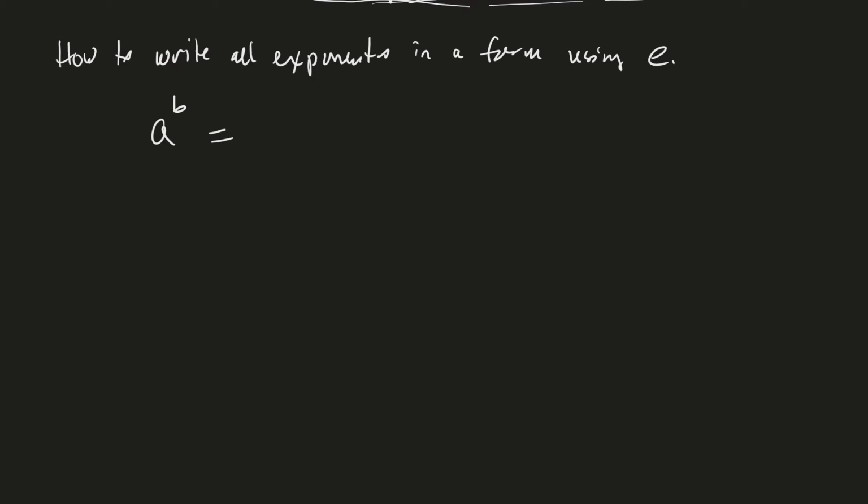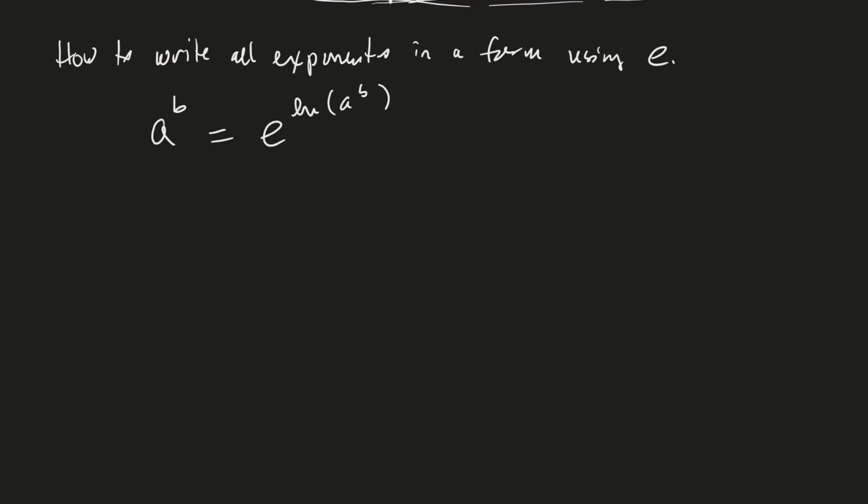How to write all exponents in a form using e. This comes from the fact that if a to the b is a positive number, then you can rewrite that as e to the natural log of a to the b.